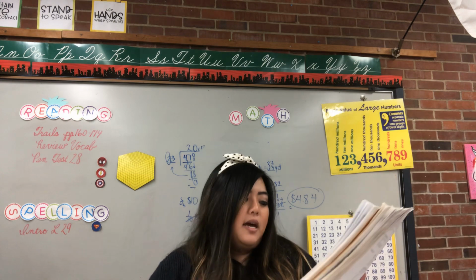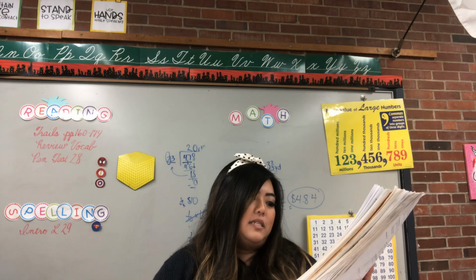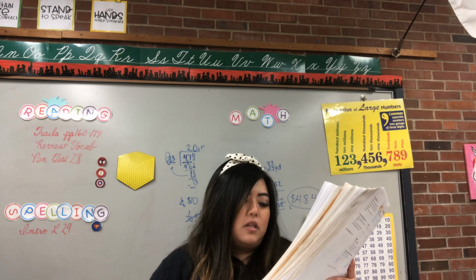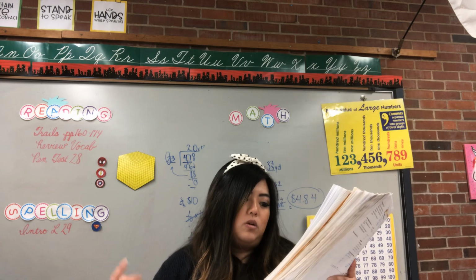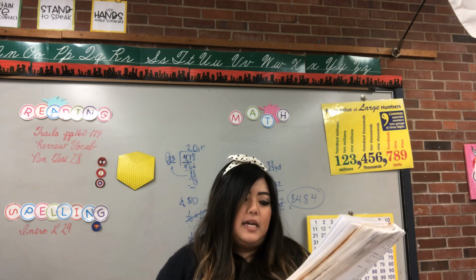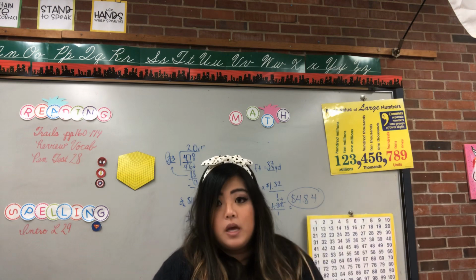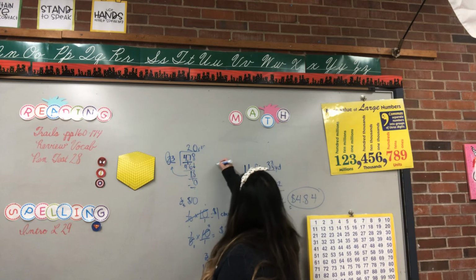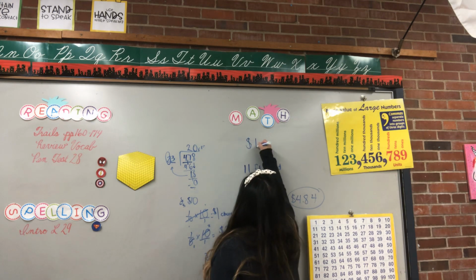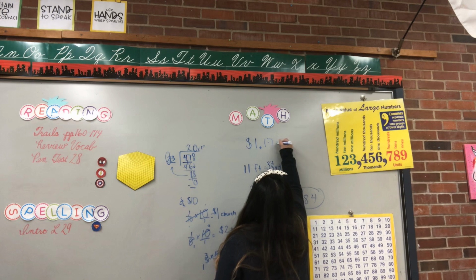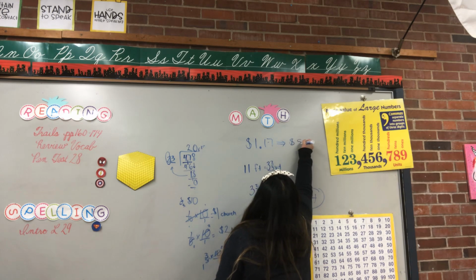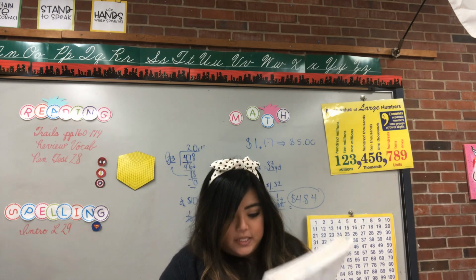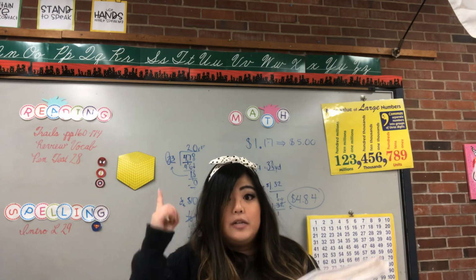The last one, E. David spent $1.17 on a squeaky toy for his new baby sister. He gave the clerk a $5 bill. The clerk gave him 3 pennies, 1 nickel, 2 quarters, and 3 $1 bills. Did he receive the correct change? Well, let's try it. We have $1.17, and we're trying to get back to $5. So we're counting up. $1.17 plus the 3 pennies is $1.20.